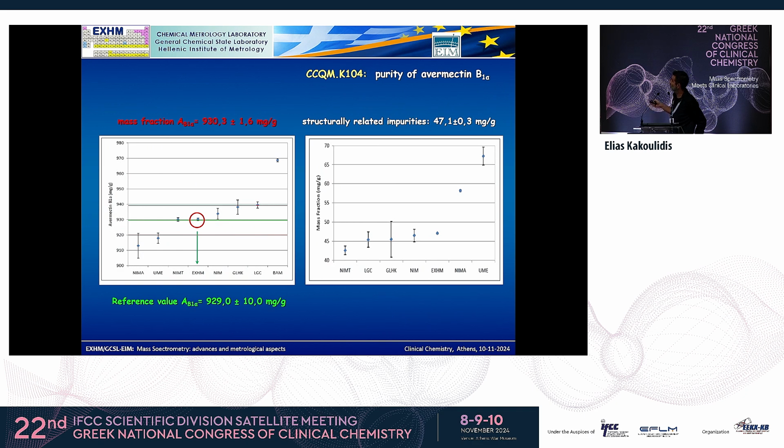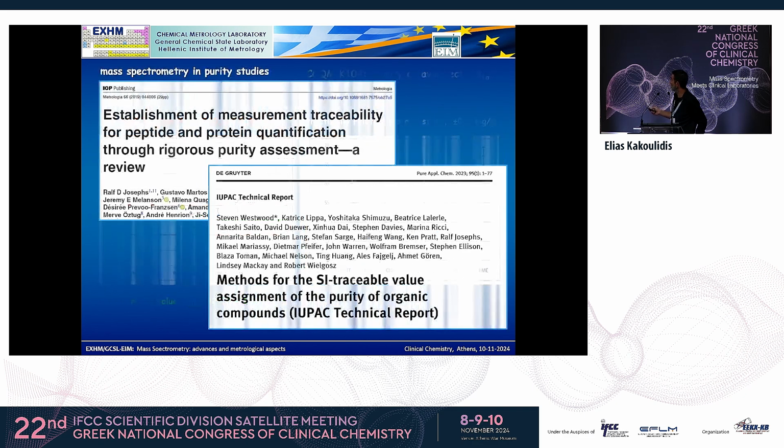Once again, the results of the comparison. Regarding purity, there are some guidelines that have been issued, both for the absolute quantification of proteins and the traceability from the Protein Analysis Working Group, and regarding the SI traceable value assignment of pure compounds by the Organic Analysis Working Group. They are free in the literature.